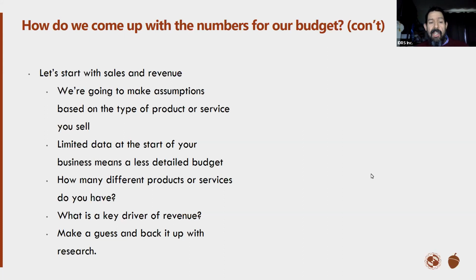Okay. So just a word here on the question, how many different products or services do you have? The more products or services that you have also complicates the type of budget that you're going to produce. If you have one main service, I'll give you an example. I was a mobile DJ for many years, and generally we would just charge by the hour.